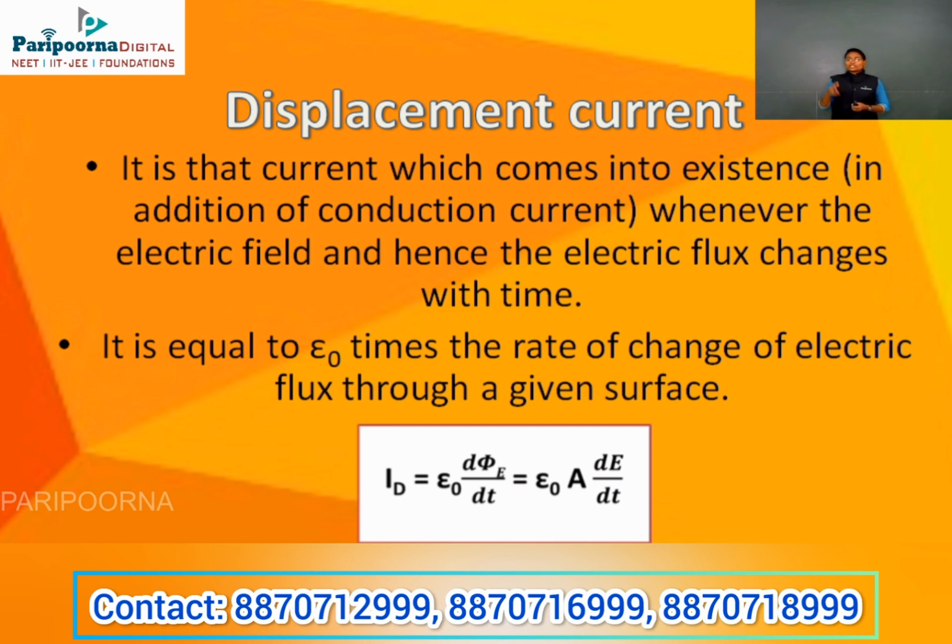It is equal to epsilon naught times the rate of change of the electric flux through a given surface. We can write the formula as ID is equal to epsilon naught d phi E divided by dt, which is nothing but epsilon naught A into dE by dt.